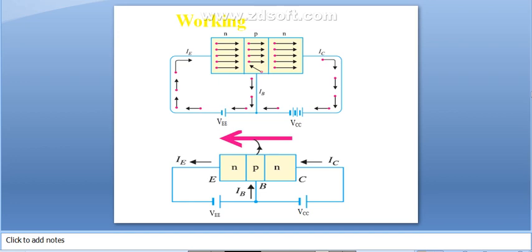Here the electron direction is from input to output side, so the emitter current direction is opposite to the electron direction.